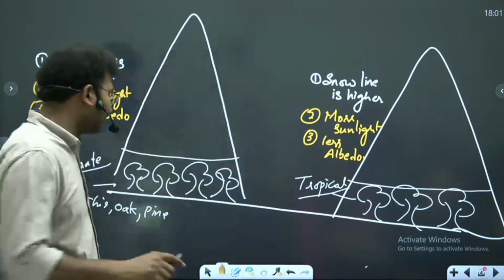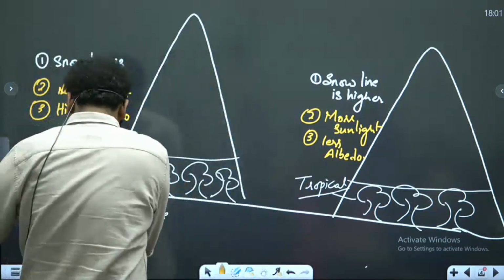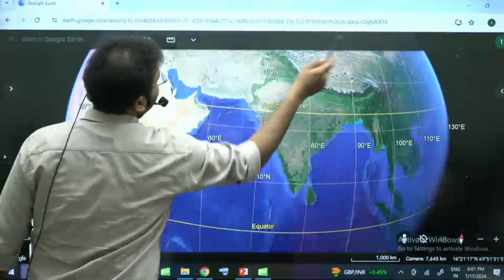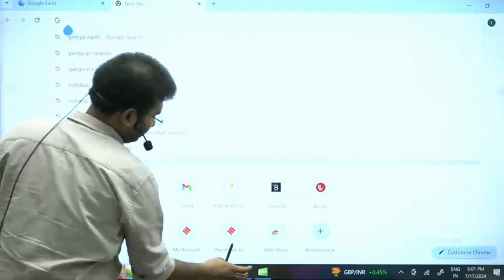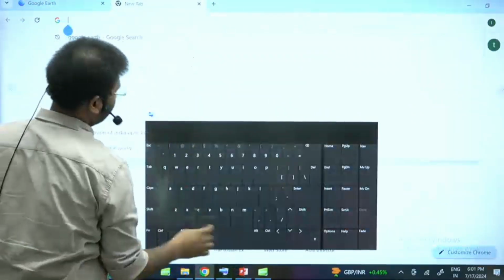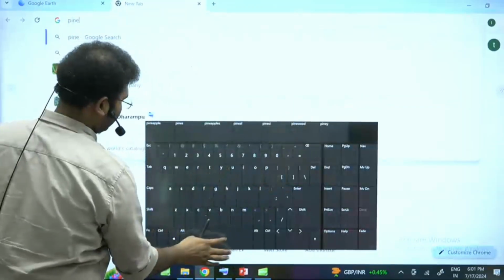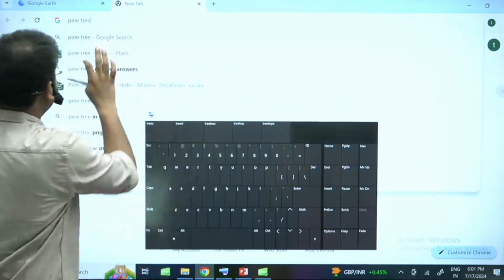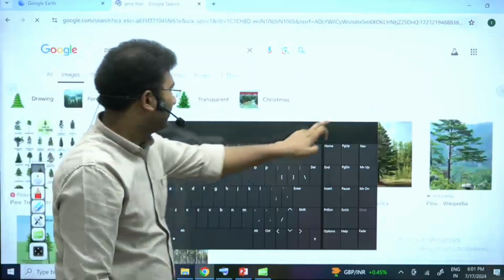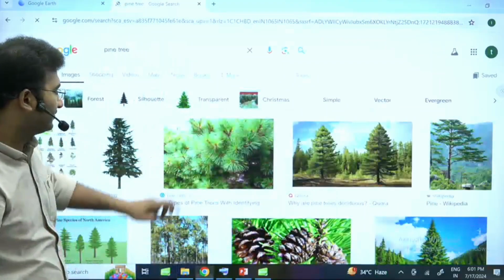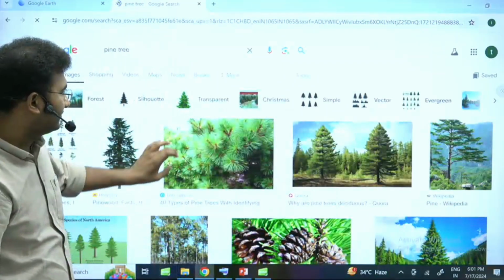The characteristics of the pine tree are because of this temperature which is present here. I hope most of you have seen this. Okay?